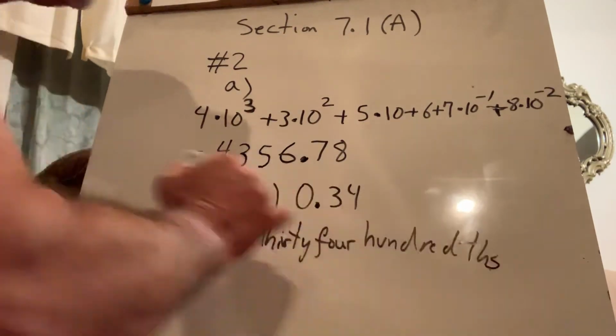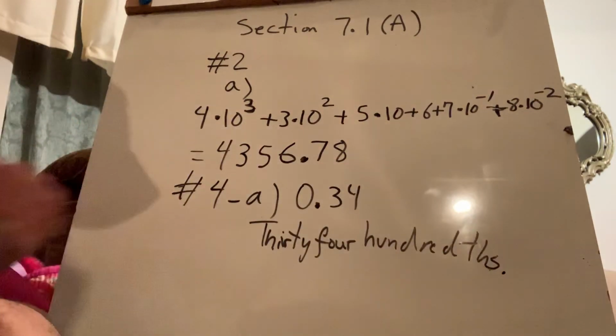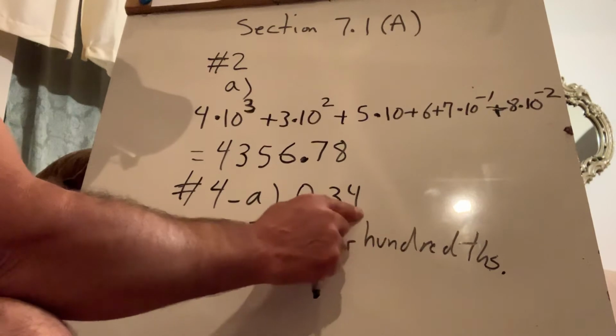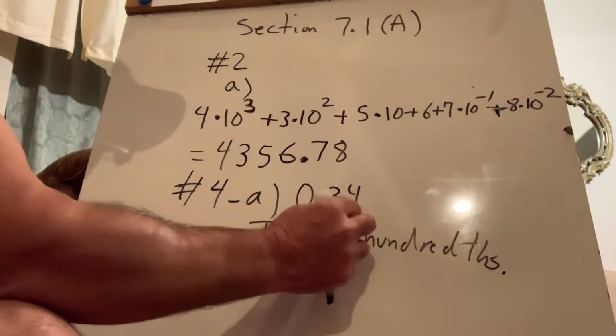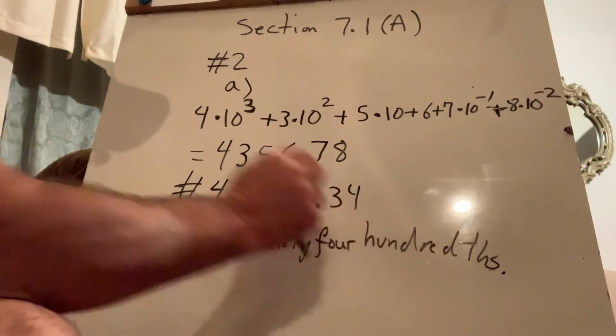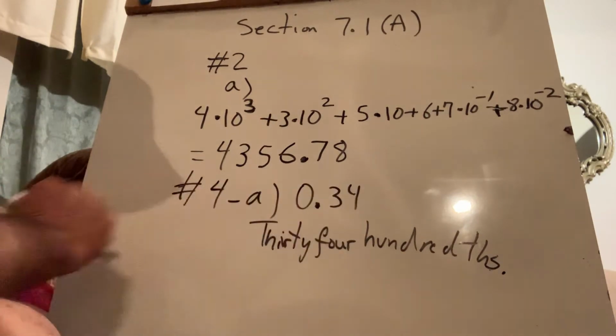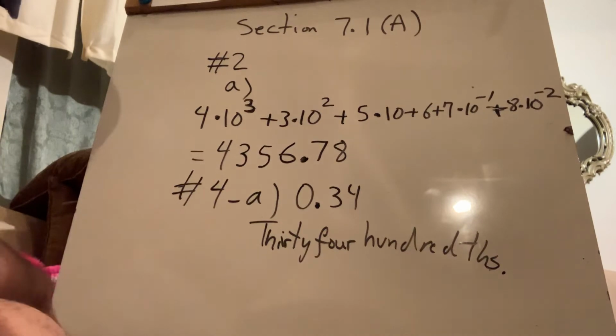There is also an S at the end, hundredths. So this number will be 34 hundredths because the 4 sits in the 100th place. You read the number and then use the position of its last digit, in this case 4, which is the 100th place. So 34 hundredths is how you would read that number.